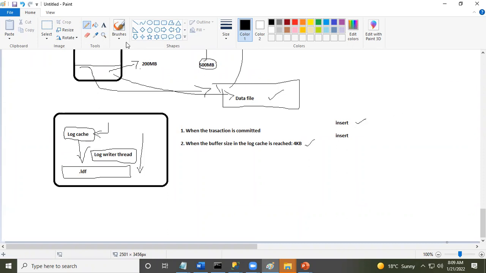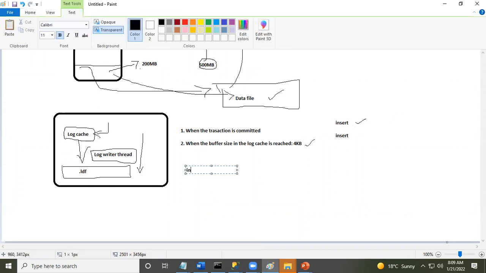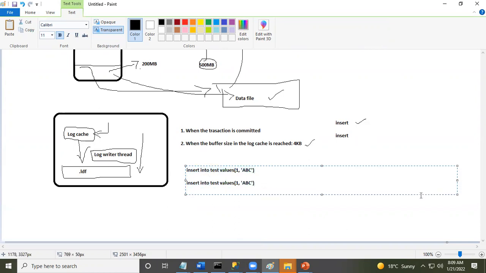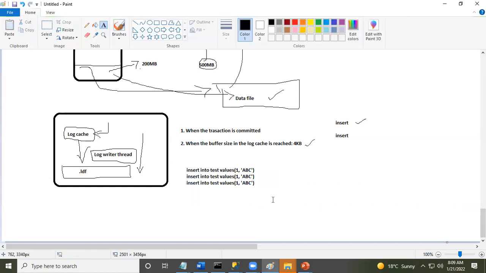If it is a small transaction, for example, insert into test values 1, ABC, as soon as it is committed it is written immediately to the log file. I'm not going into the transaction types here, but we have multiple: implicit transaction, auto commit transaction, and explicit transaction.